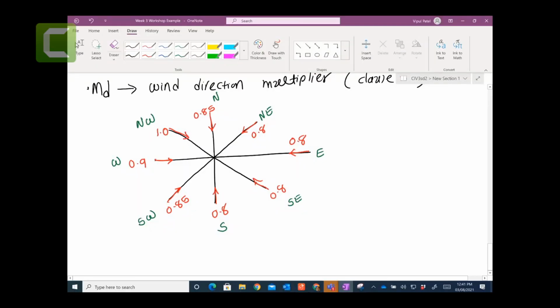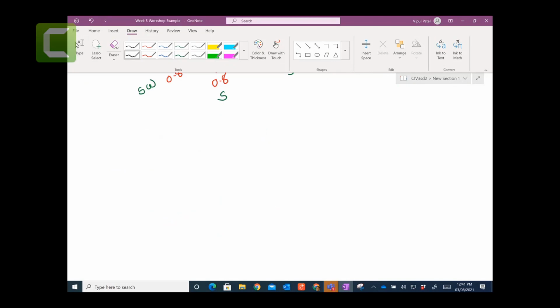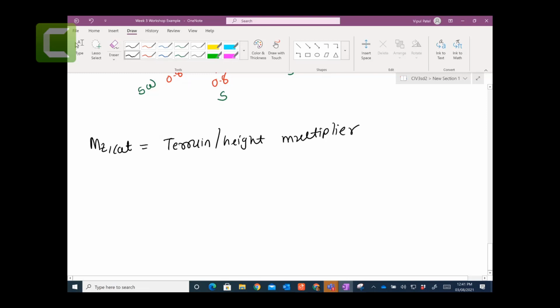So we just take, I think that is called MZCAT. Let me write it down: MZCAT, and that is called terrain height multiplier, right? And if you need more information, you can get it from clause 4.2. First of all, we need to decide which terrain category we are designing for.